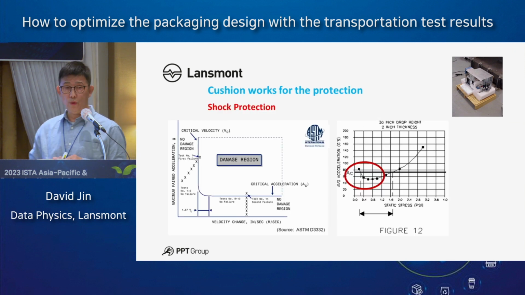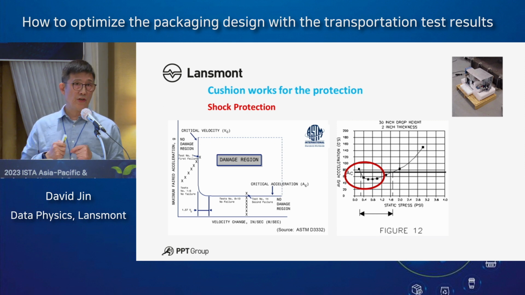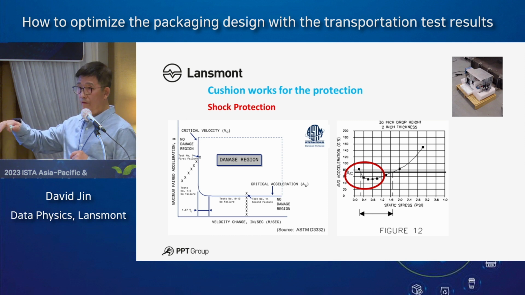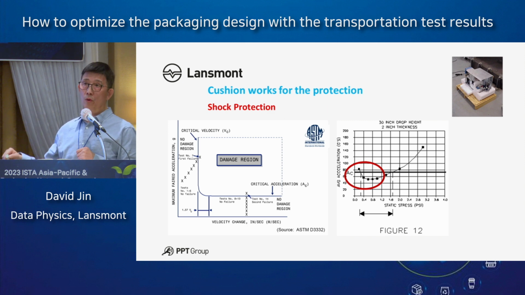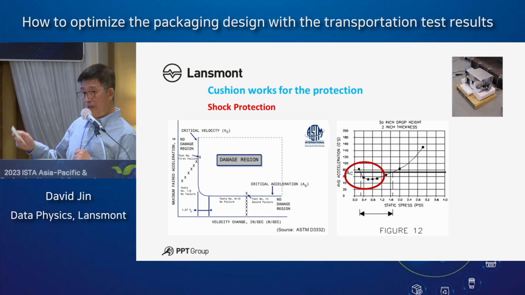So let's do an example. We have a 30-inch drop height, and we drop our packaging to the floor. We found damage. So now we will definitely keep the 30-inch height, but we change the cushion materials. Then we find this foam.